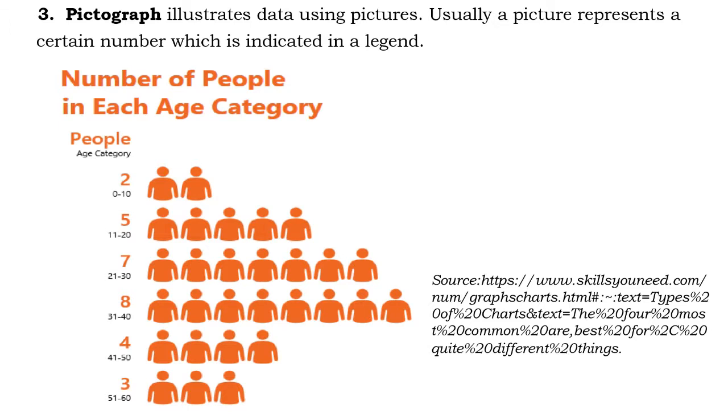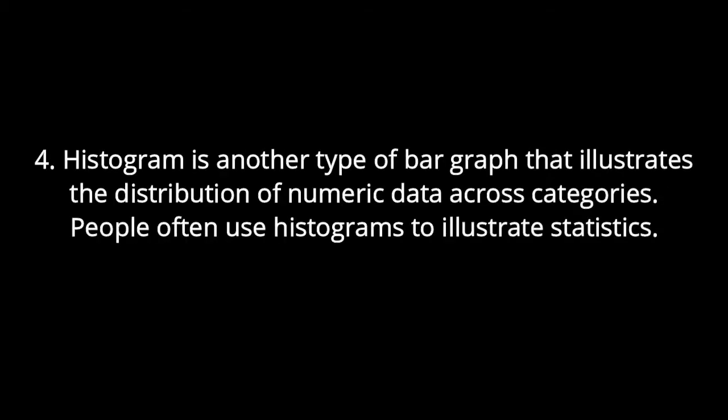Number 3, pictogram. It illustrates data using pictures. Usually, a picture represents a certain number which is indicated in a legend. In the example, it shows an image of a person to show the number of people in each category. Number 4, histogram, is another type of bar graph that illustrates the distribution of numeric data across categories.